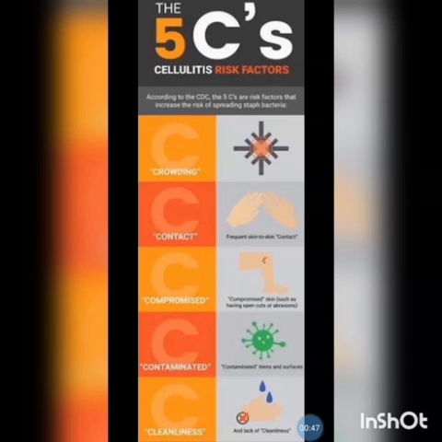Then contact, that is contact with an infected person. Then compromised, which means there will be a cut in the skin, so there is an easy chance of entry. If the patient is immunocompromised, for example a diabetic patient, and there is a small cut in the skin, the bacteria will easily enter.